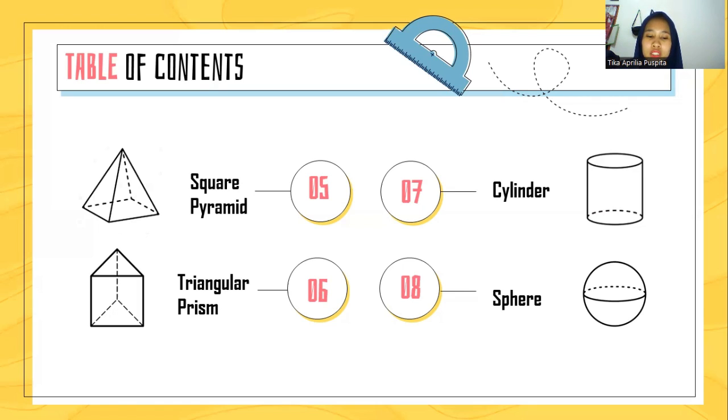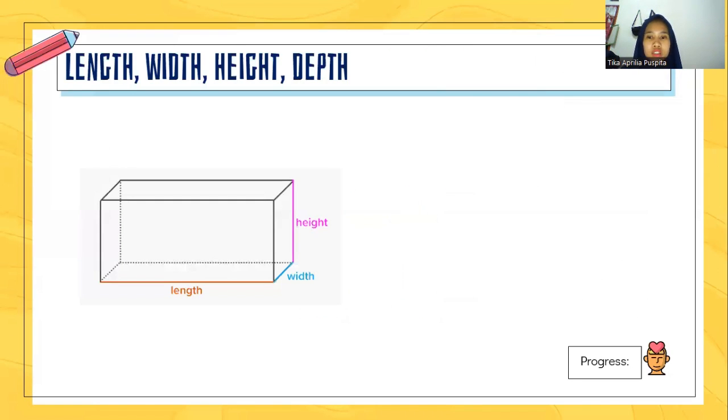The next one is length, width, height, and depth. So length is distance from one end to another, the orange one here.